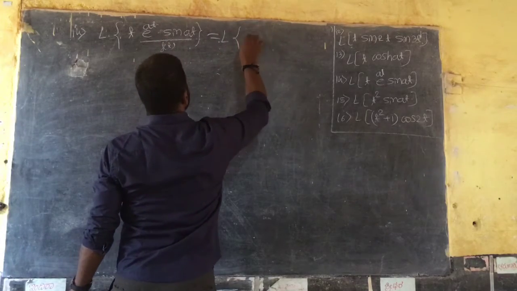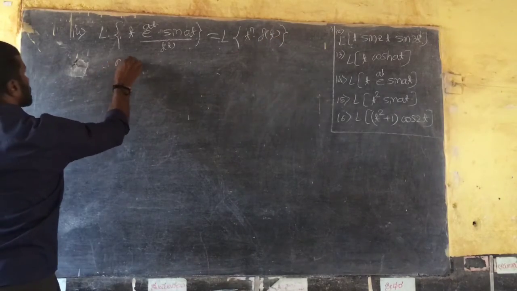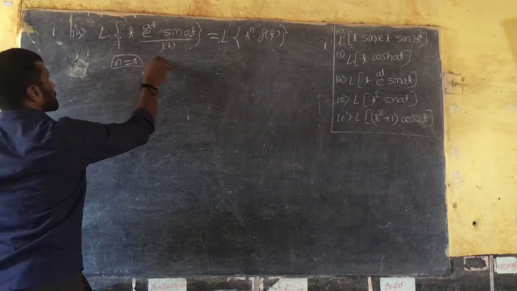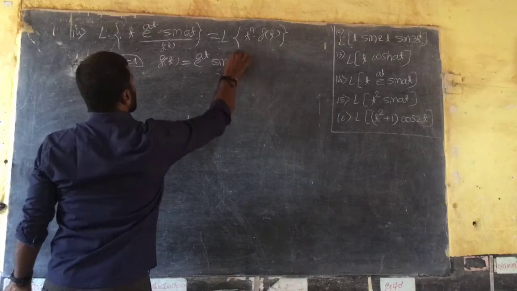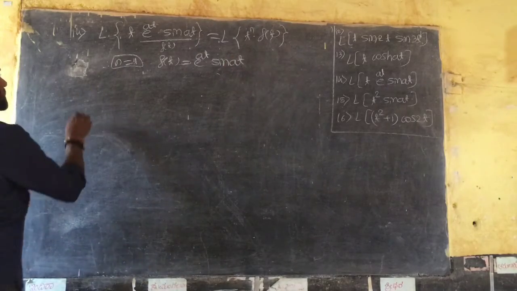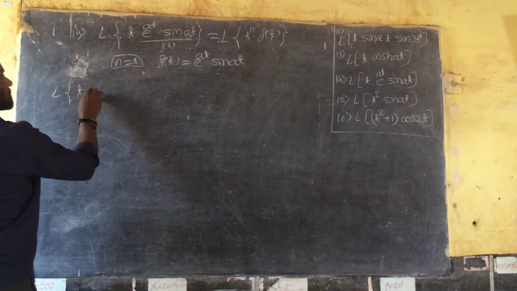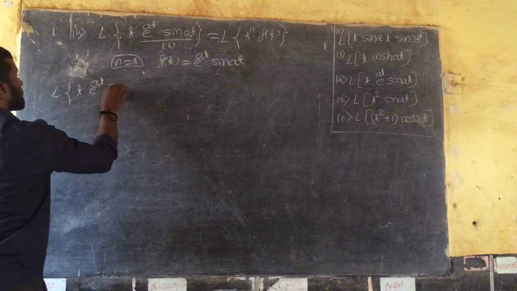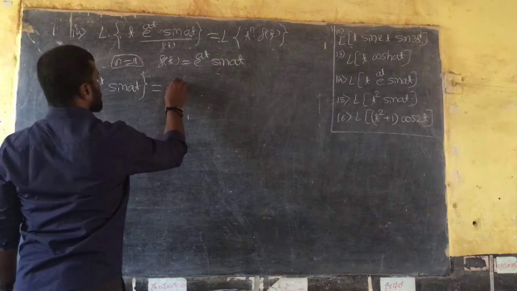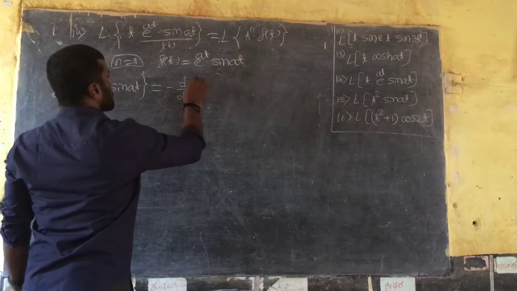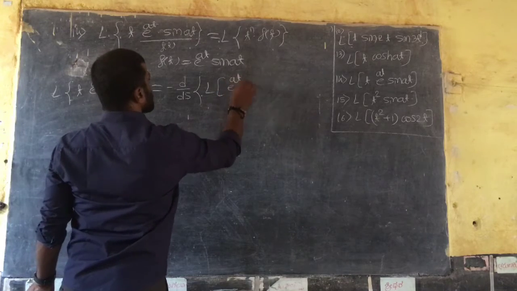Laplace of t raised to n into f of t, therefore n is equal to 1, and f of t is equal to e raised to at into sine of at. So that equals minus 1 raised to n, d by ds, with n is 1, into Laplace of e raised to at into sine of at.